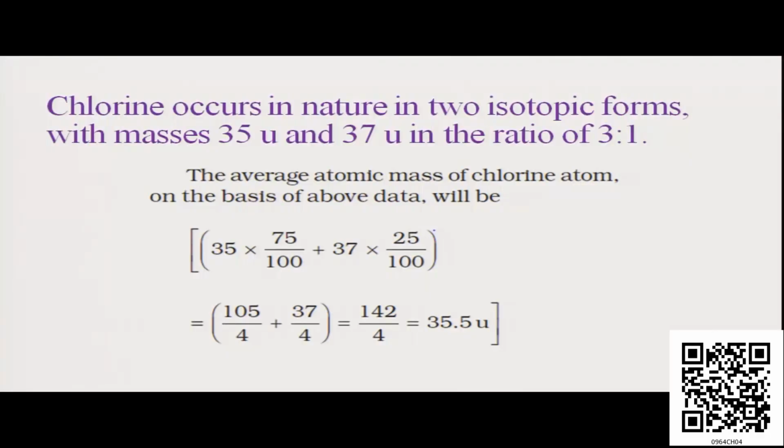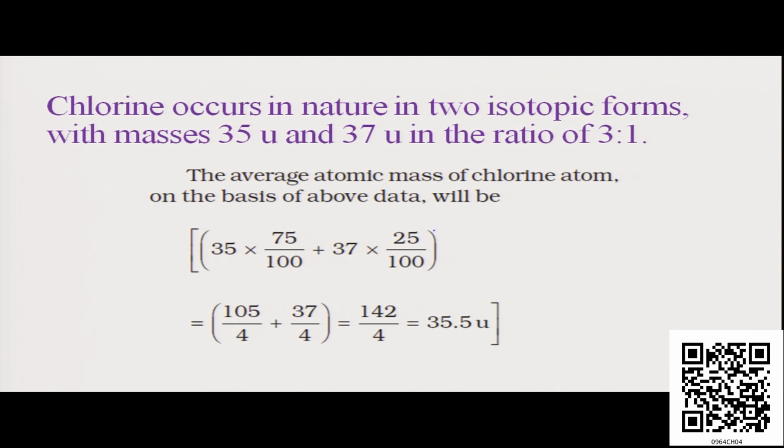Let's look at that. As you know, chlorine occurs in nature in two isotopic forms with mass number 35 and mass number 37, and they are available in the ratio of 3:1. So, how do we calculate the average atomic mass of chlorine based on this data? You need to multiply each mass number with the respective percentage of abundance and sum it up.